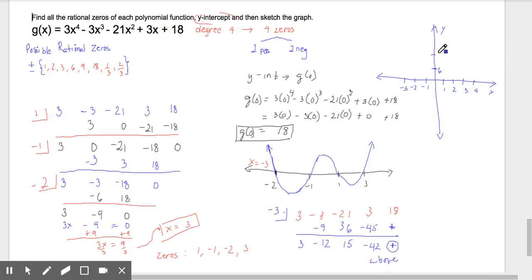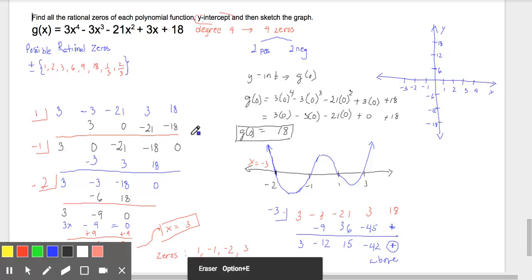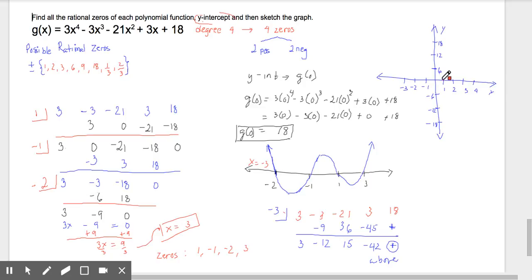So 6, 12, 18. So this is negative 6, negative 12, negative 18. Okay, so now let's put the x-intercepts. For the x-intercepts, we got 1. We have negative 1, negative 2, and 3. So these are the x-intercepts.